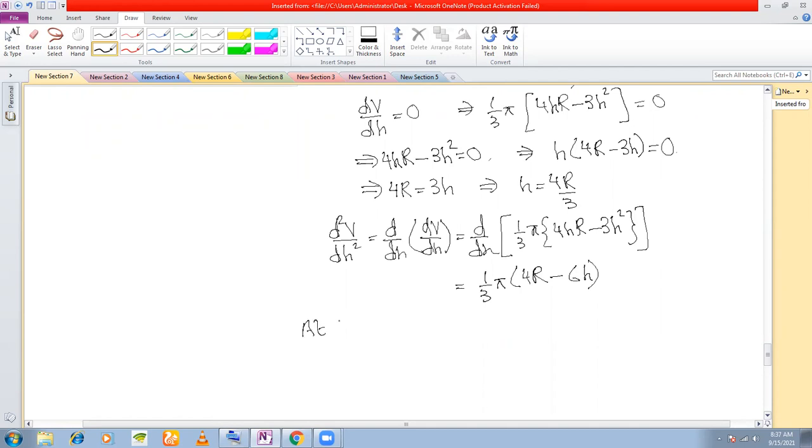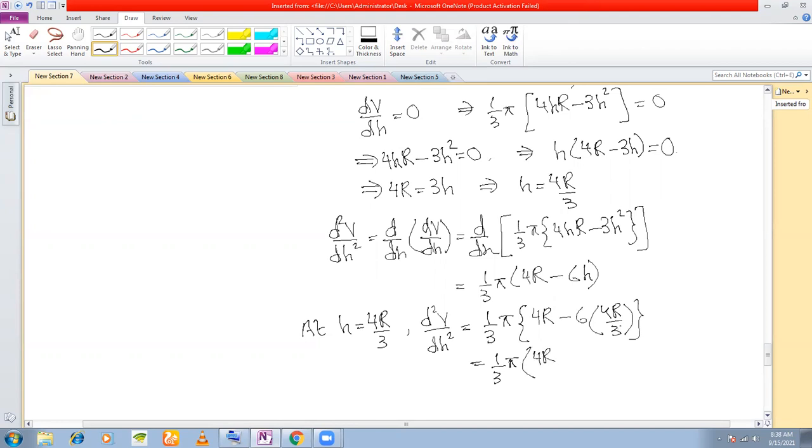At h is equal to 4r by 3, what is the sign here? d2V/dh2 is equal to 1/3 pi (4r minus 6 into 4r by 3). So how much are you getting? 1/3 pi (4r minus 8r).